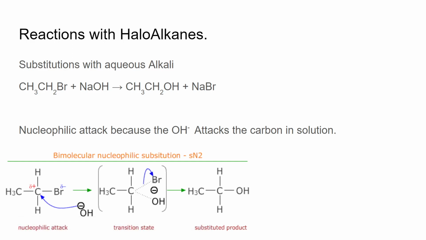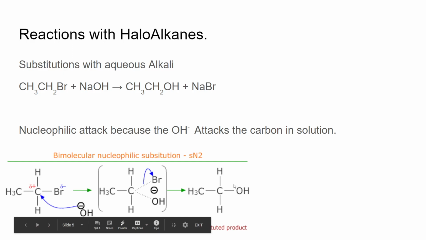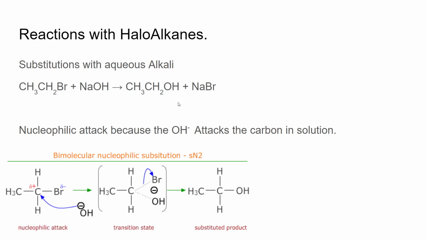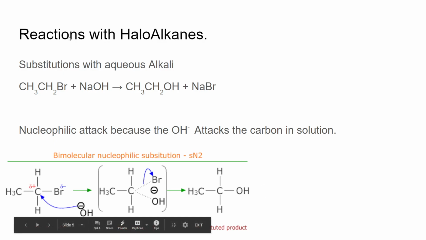In this transition state, the electrons from the bond will end up going to bromine, and then we'll have that full bond to the hydroxide ion. So this is a way for us to make an alcohol, because we have an OH group from a haloalkane.